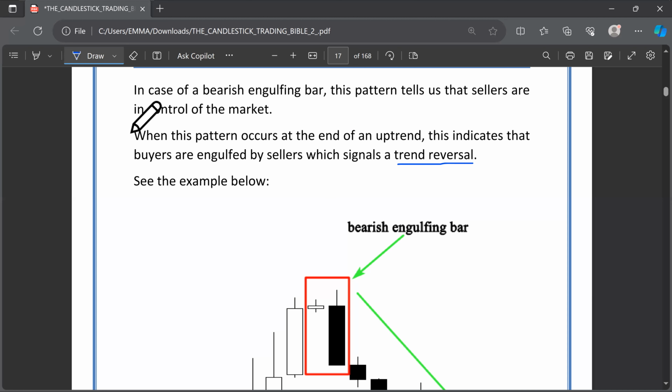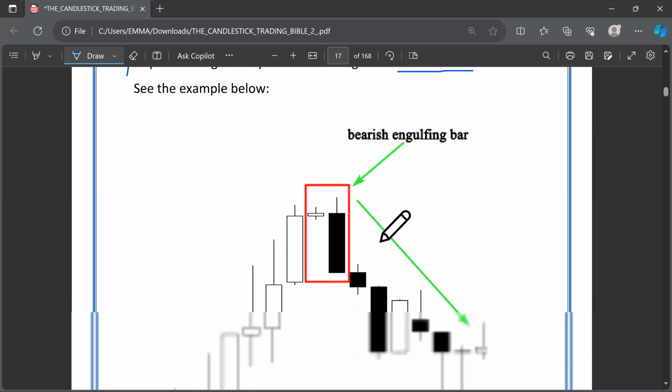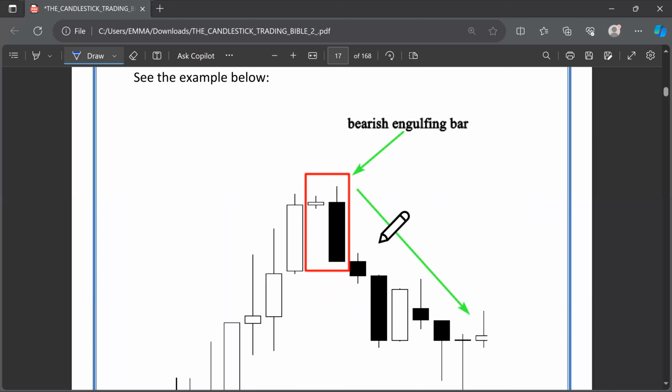So let's take it again. When this pattern forms at the end of an uptrend, this indicates that buyers are engulfed by sellers, which signals a trend reversal. Like we said again, we have about four types of market structure, right?